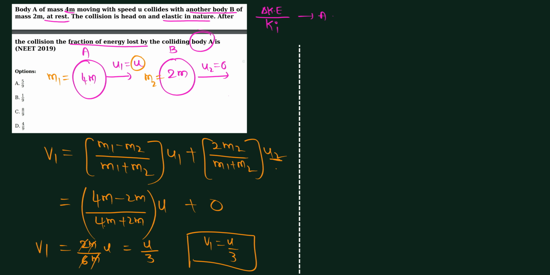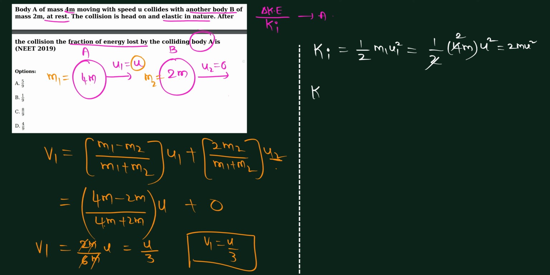The initial kinetic energy formula is half of m1 u1 square. What is the m1 value? 4m. What is the u1 value? U. U1 square is u square. Half of 4 is 2 times. So this is equal to 2m u square.